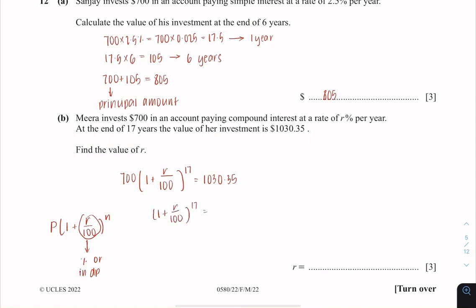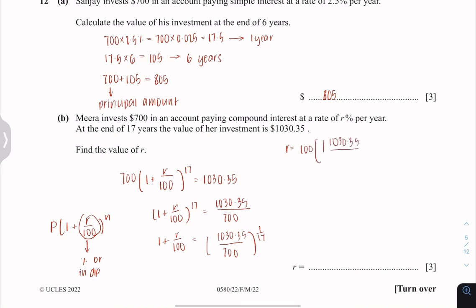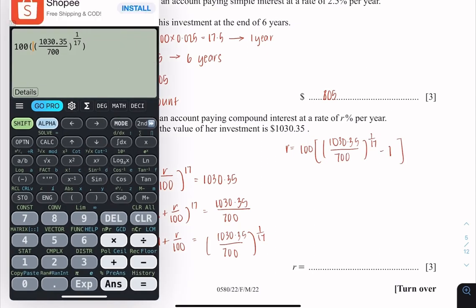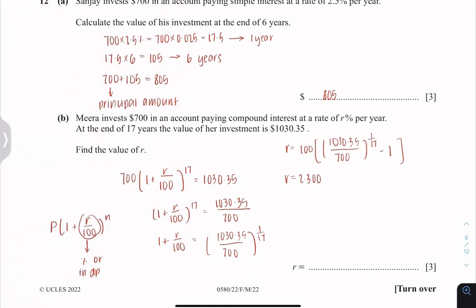Now I'm just going to start shifting everything to the other side to make r the subject. After substituting, that leads me to r equals 100 multiplied by ((1030.35 over 700) to the power 1 over 17, minus 1). So you carefully put that into the calculator, and I got an answer of 2.3%. And that's all for part 2 of this paper.